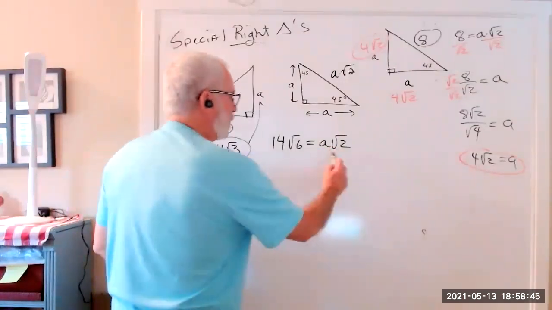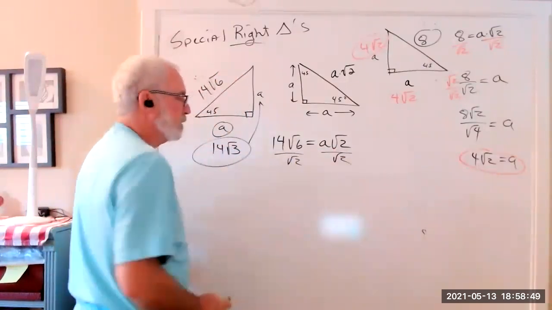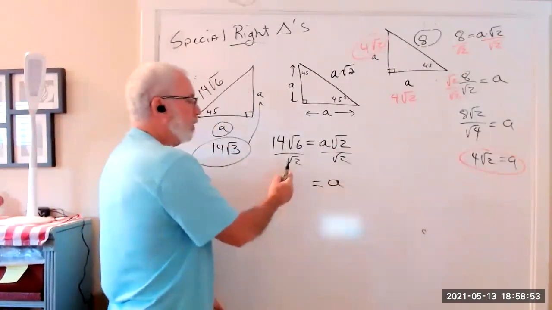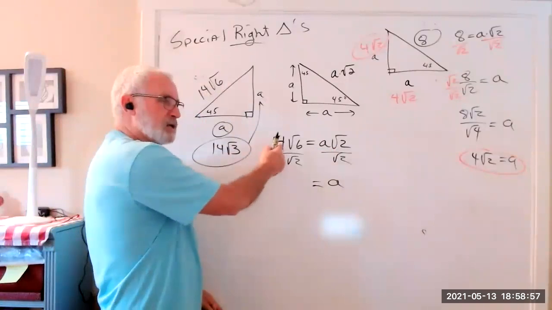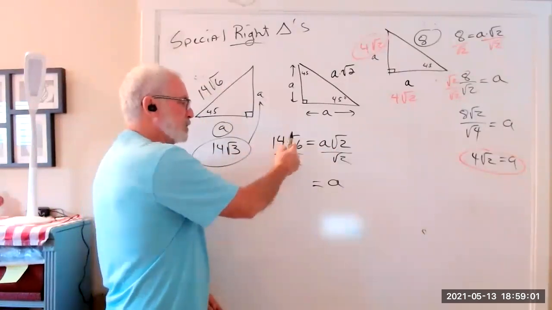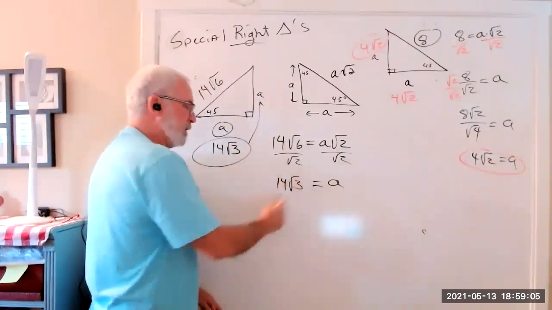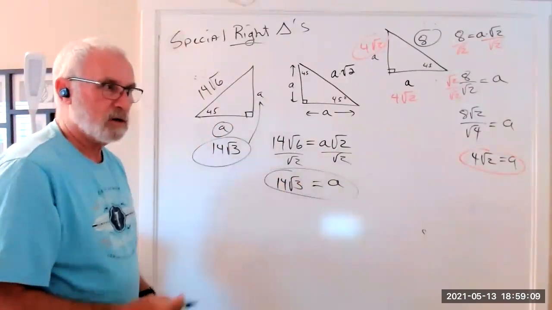So then we divide both sides by the square root of 2. Now, one of the things we talked about was you could divide radicals inside. So this 2 goes into 6, 3, so this becomes 14 radical 3, and you're done. There's a harder way to do it, but that's the easy way.